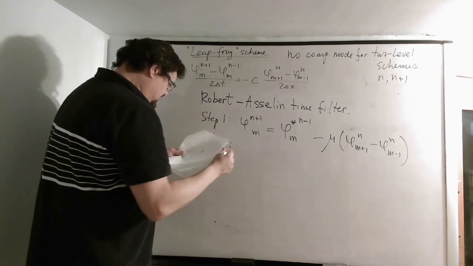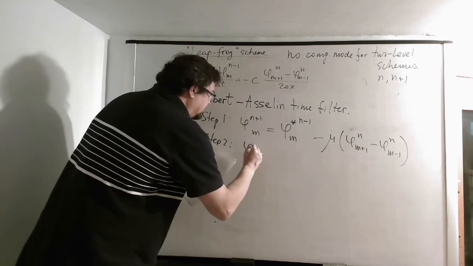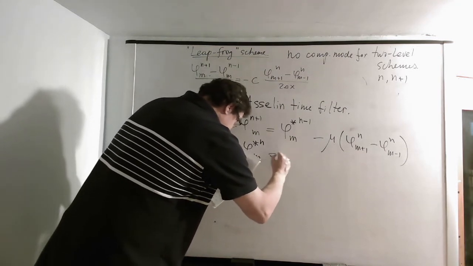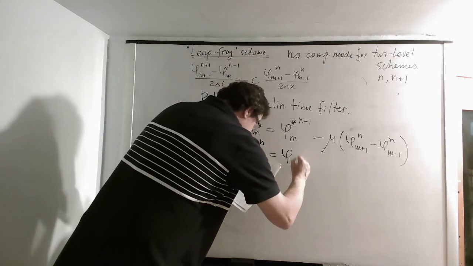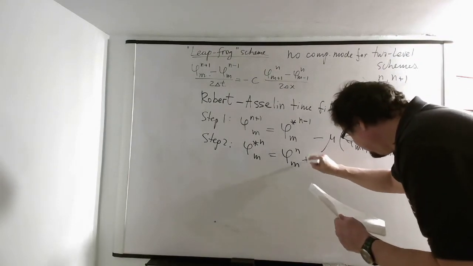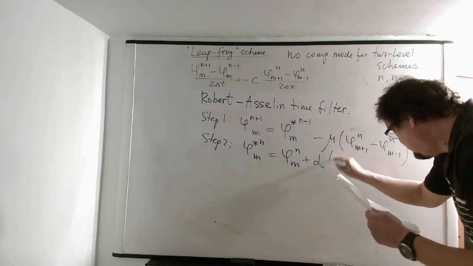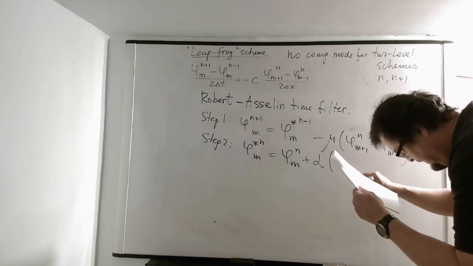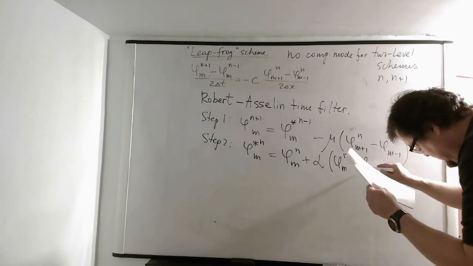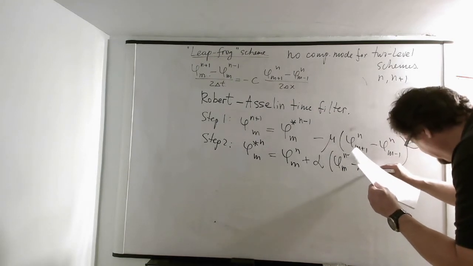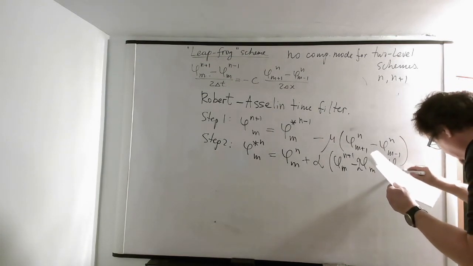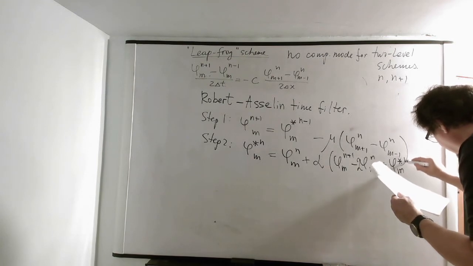The following way: this auxiliary phi at n, m equals phi m n plus some alpha times phi m n plus 1 minus 2 phi m n plus phi m auxiliary n minus 1.